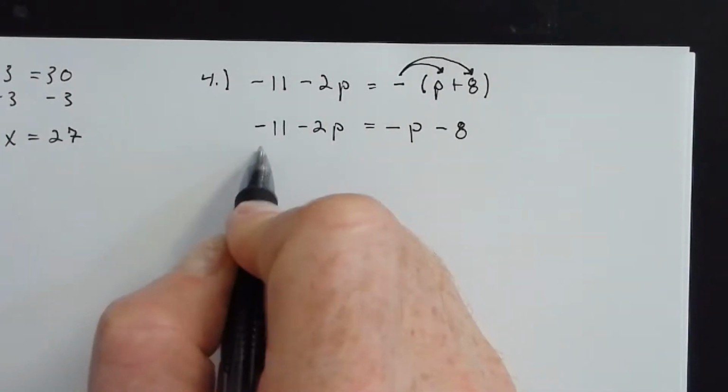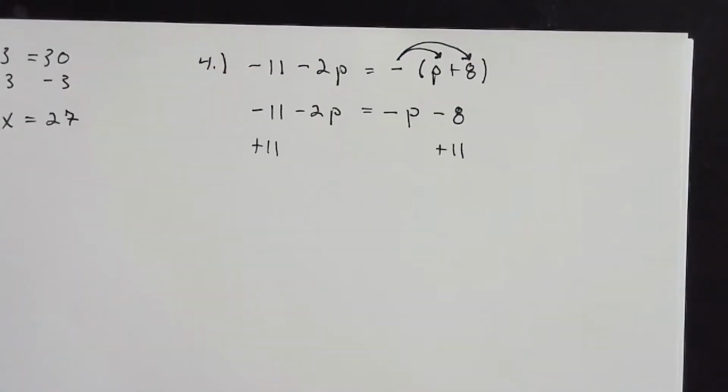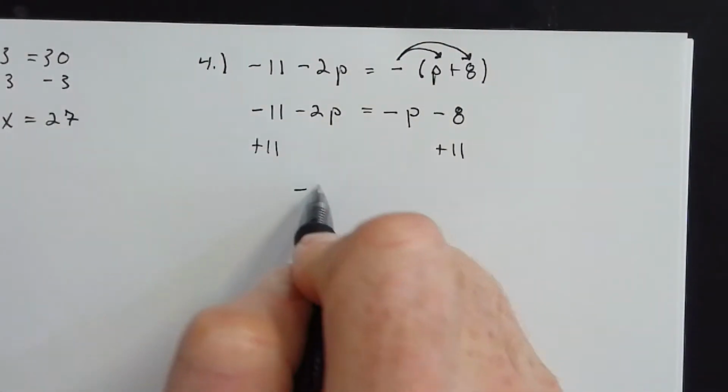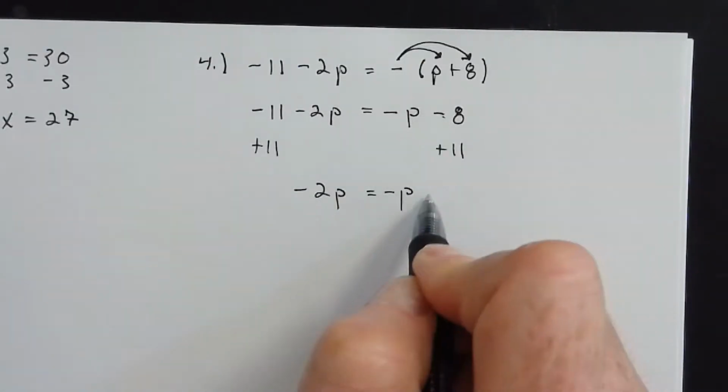So we'll add 11 to this side, add 11 to that side, and then we're at negative 2p is minus p plus 3.